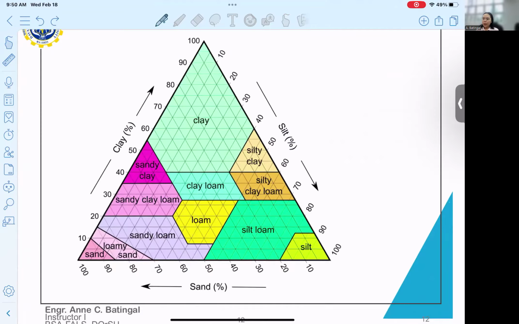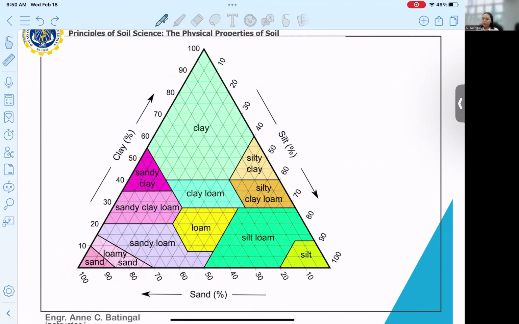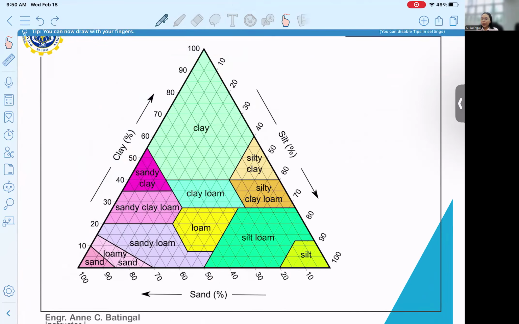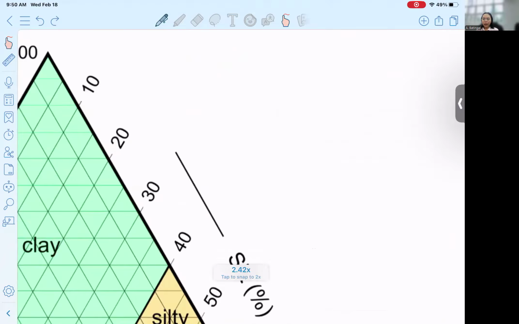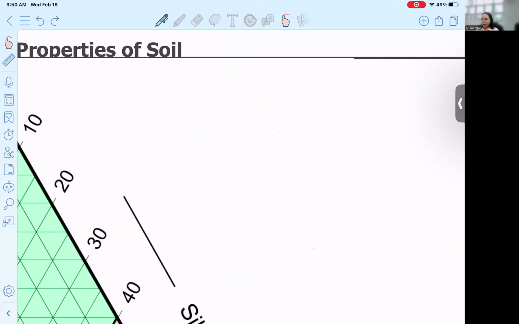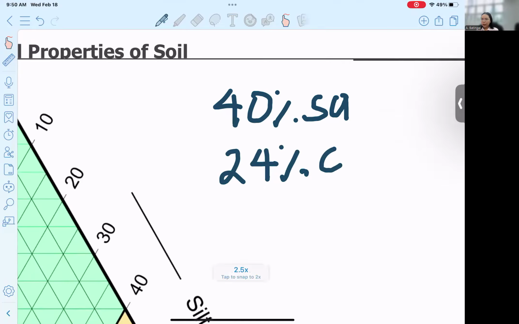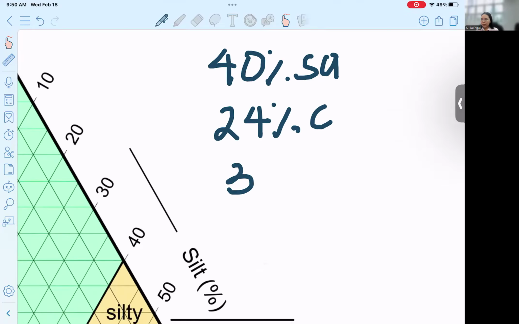Say for example, you have data based on the mechanical analysis: you have 40% sand, 24% clay, and 36% silt.